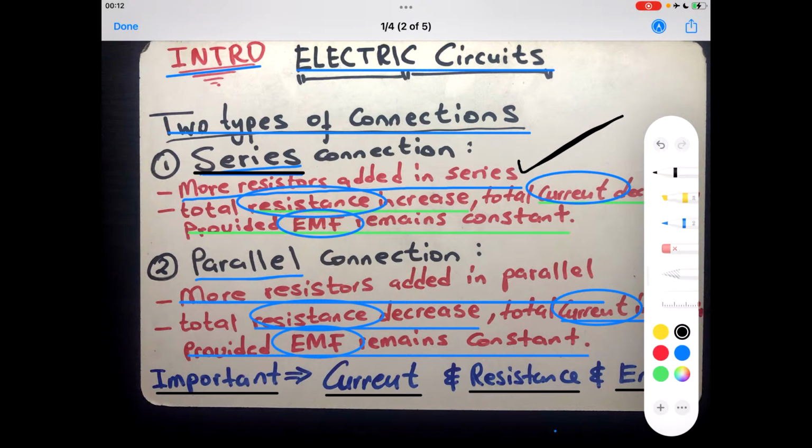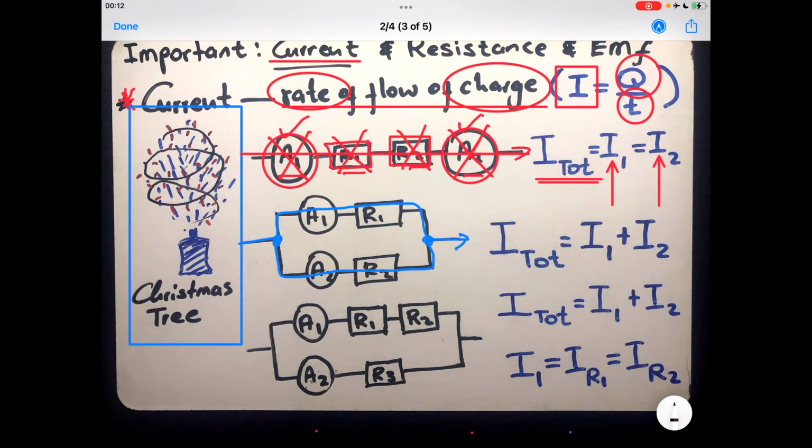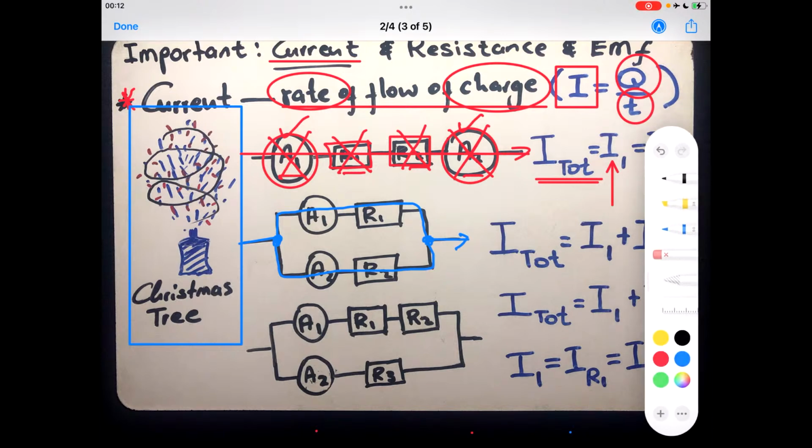It is that first line there. So let's go back to our slide and discuss further. I hope you did notice that the current splits in that case. Let me try to spice things up and see if that helps you understand better.